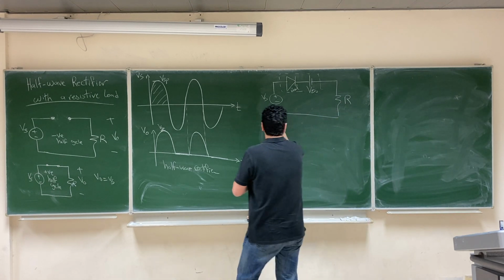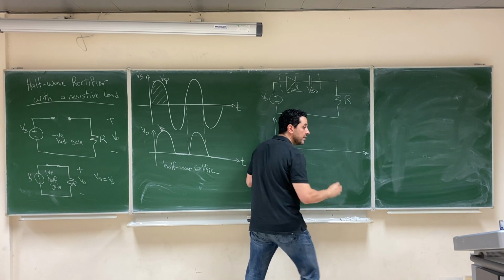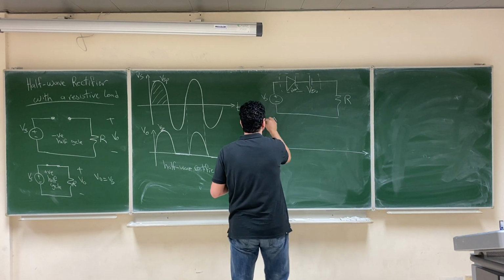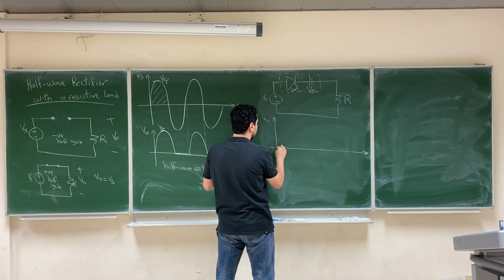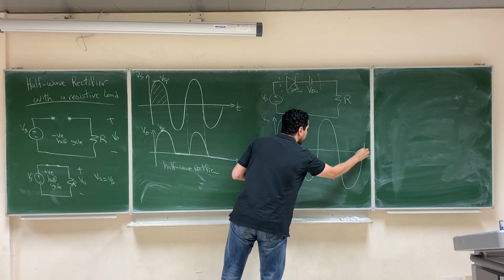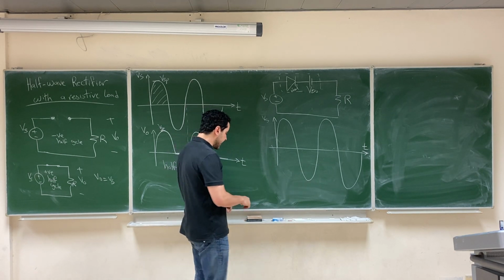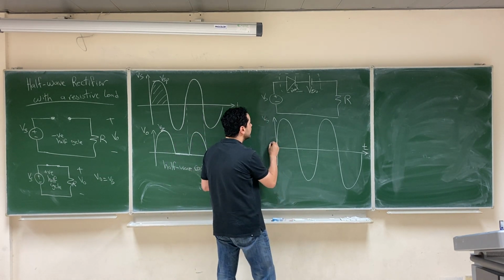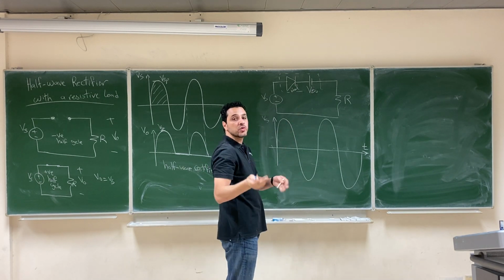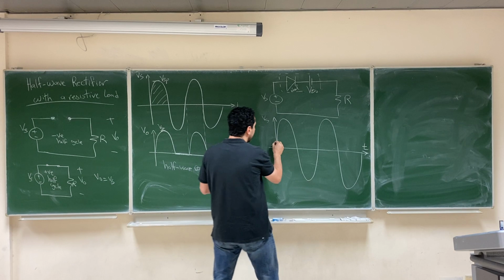So let's see, if this is our Vs, a sinusoidal wave like this, then as long as Vs is below the value of VDO, which is usually in the range of 0.6 to 0.8, let's assume it's 0.7 for now.